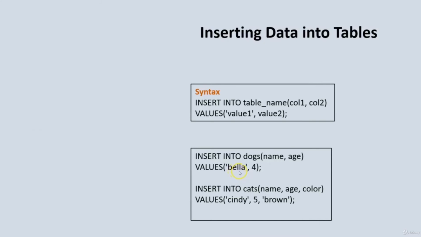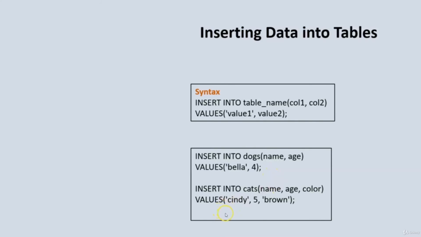Because this is a string character, we have to put it in single quotes. We have a comma, and then we have 4, which is an integer. For integers, we don't have to embed that in quotes. We close our parentheses, and we end with a semicolon.